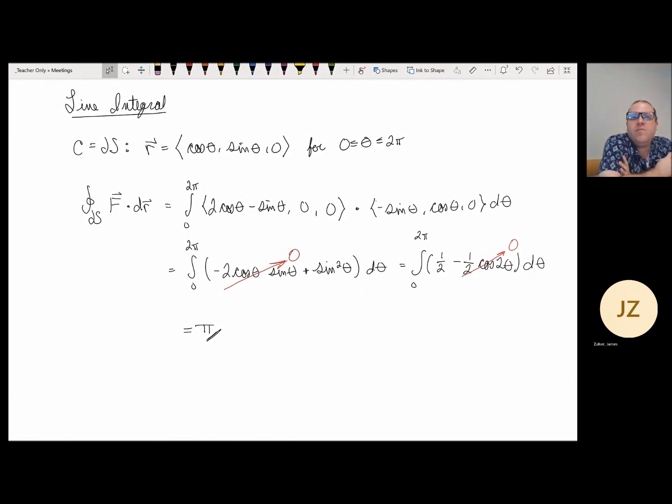And integrals in general. So I know the equation that we got originally is like lowercase f of r times the magnitude of r prime. That is if you're integrating a scalar function. This is a vector field. So for both line integrals and surface integrals, you have two different versions.